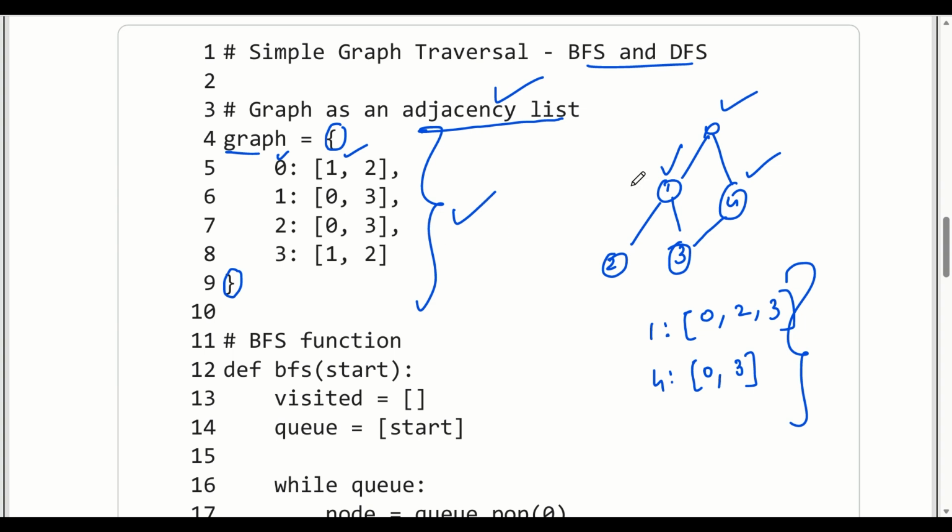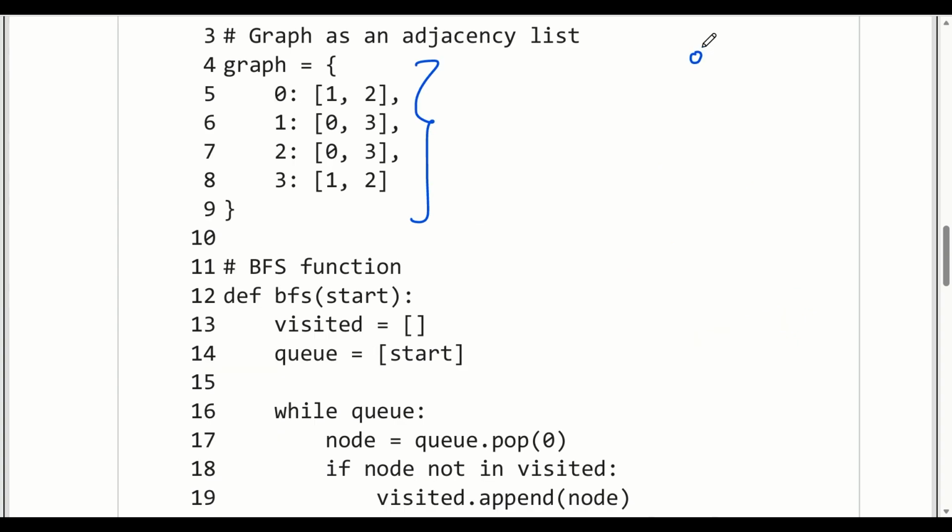Now let's see the BFS and the DFS of these two. Let me erase this and draw the graph. 0 is connected to 1 and it is connected to 2. Now let us see 1. 1 is connected to 0, but it's also connected to 3.